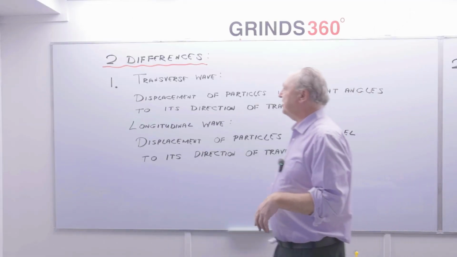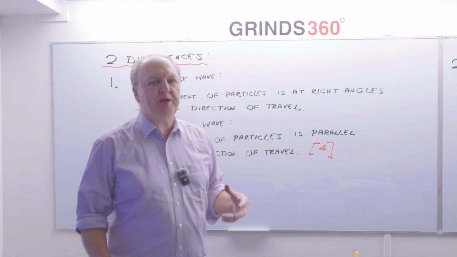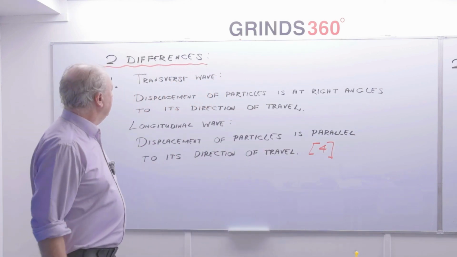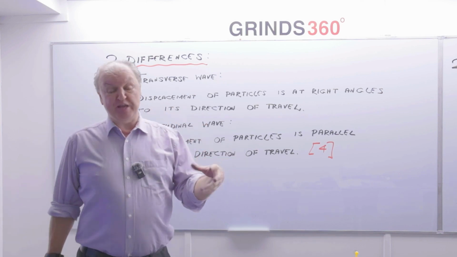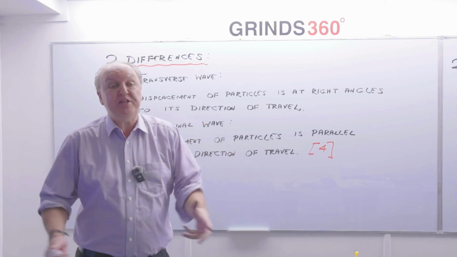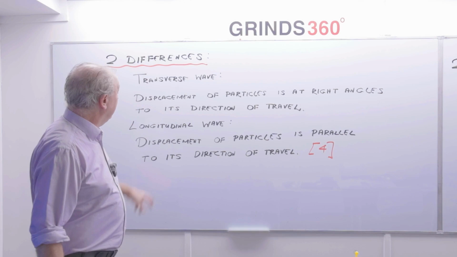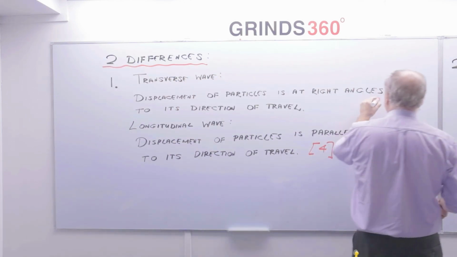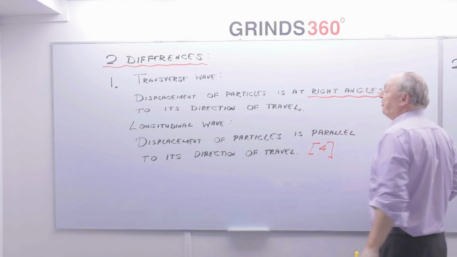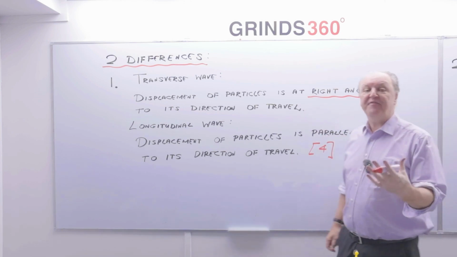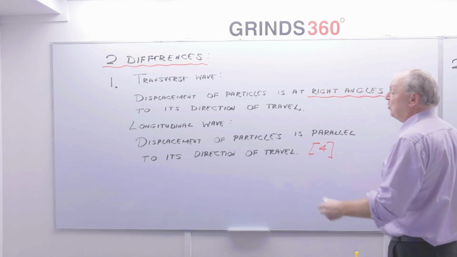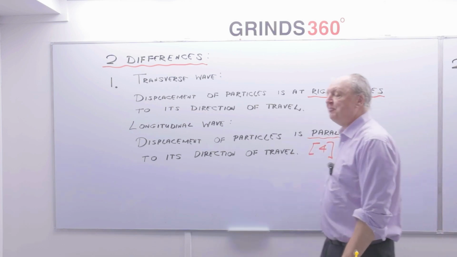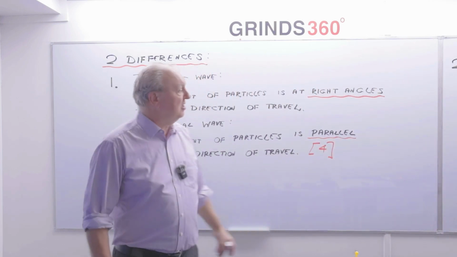So finally, they're asking me for 2 differences between my 2 types of wave, transverse wave and longitudinal wave. Well, the first difference actually will be in the definition. What's the definition of a transverse wave? It's where the displacement of the particles is at right angles to the direction of travel. And what's the definition of the longitudinal wave? It's when the displacement of the particles is parallel, or in the same direction, to the direction of travel.